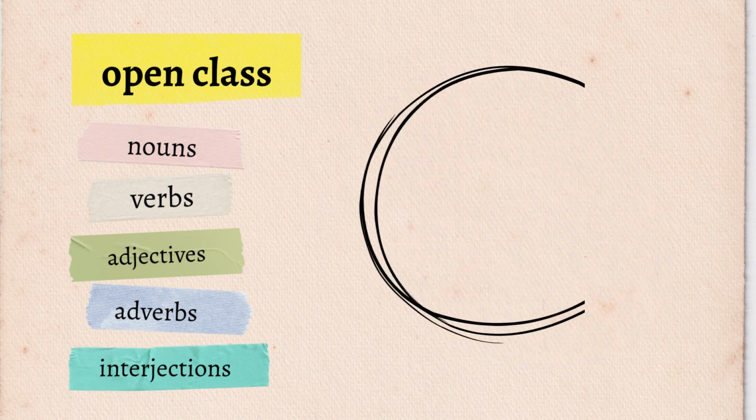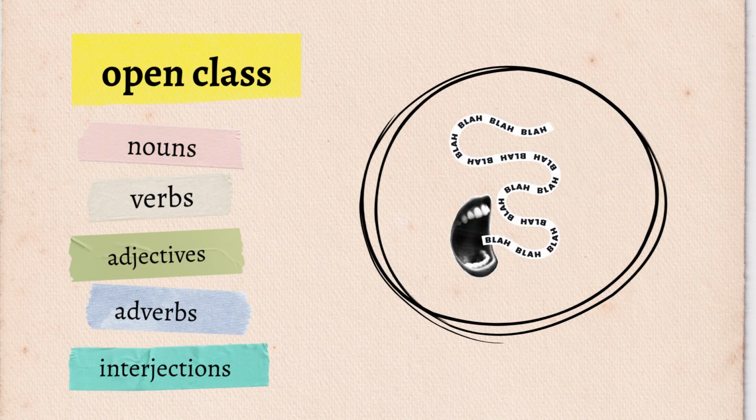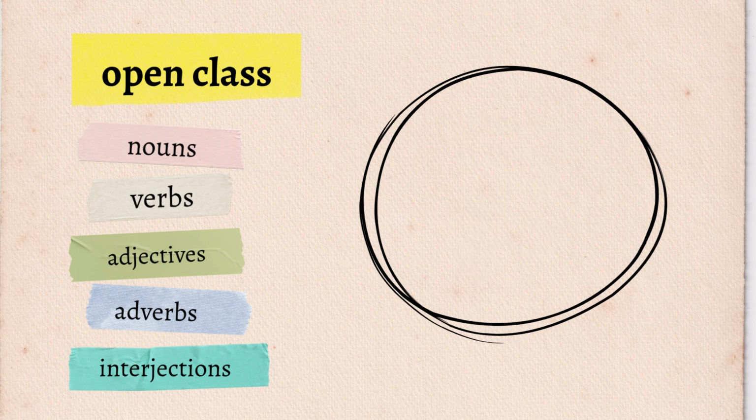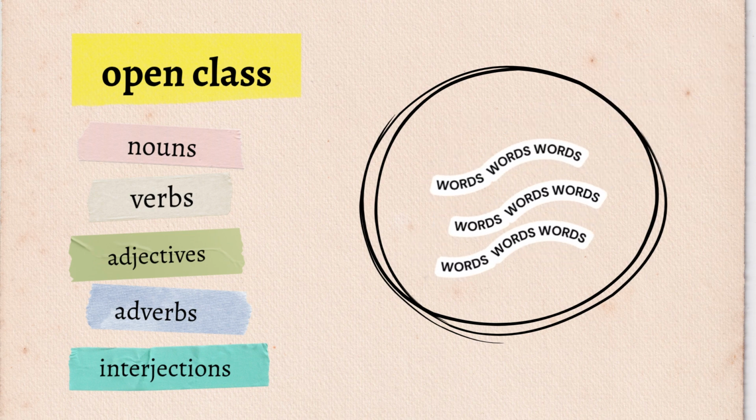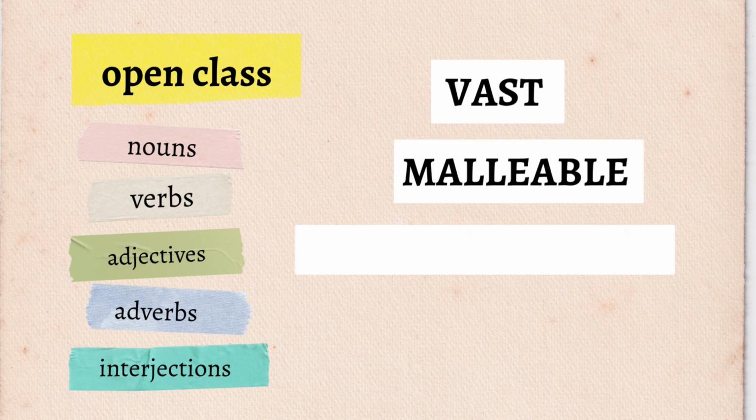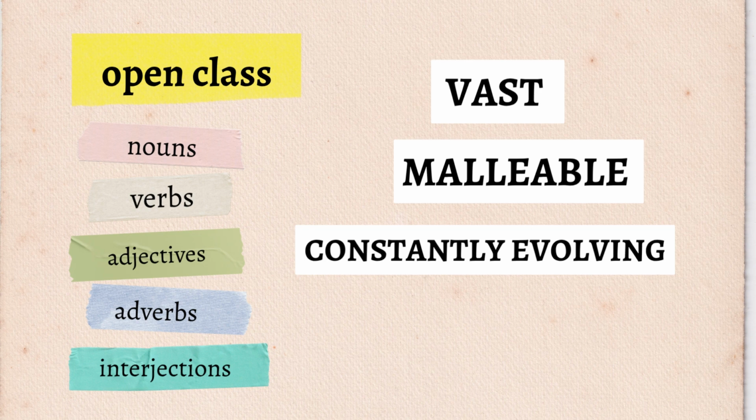The open class is made up of thousands upon thousands of words. It absorbs new words all the time and loses old ones on a never-ending basis too. So, the open class is vast, it's malleable, and it's constantly evolving.